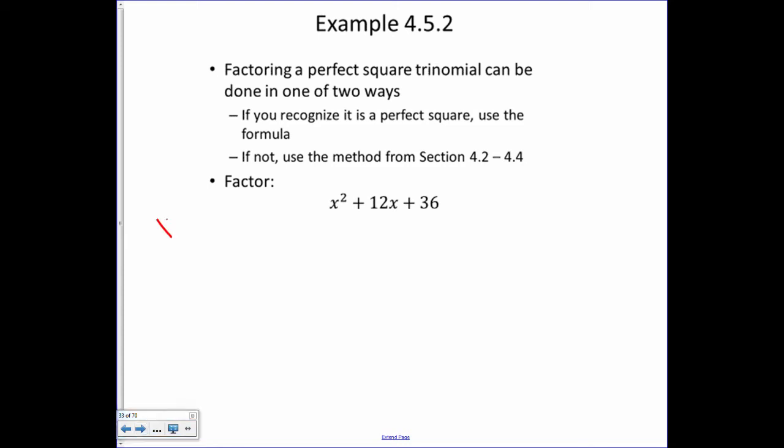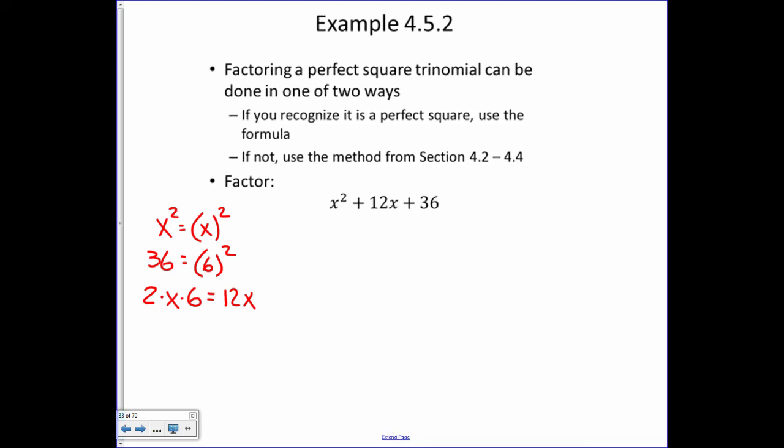Well, x squared is just x squared. 36 is just 6 squared. And the middle term should be 2 times x times 6, which is 12x. And so we have a perfect square trinomial.